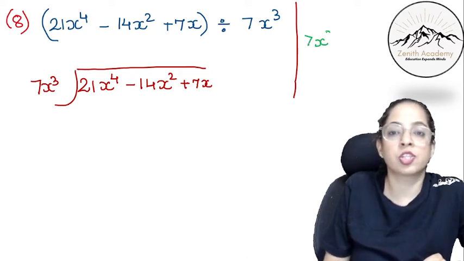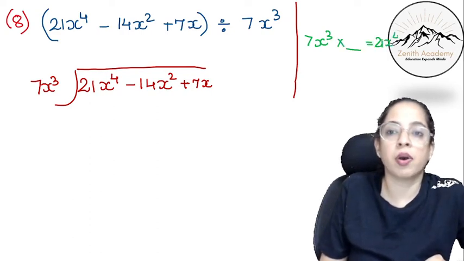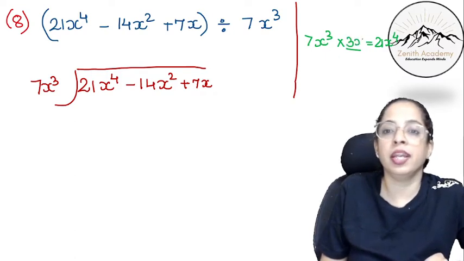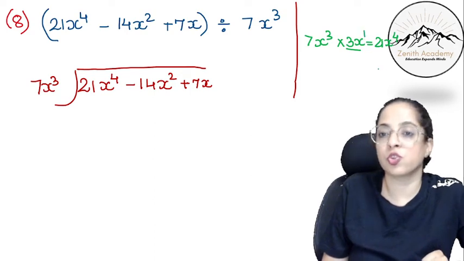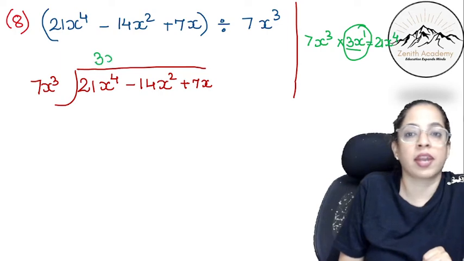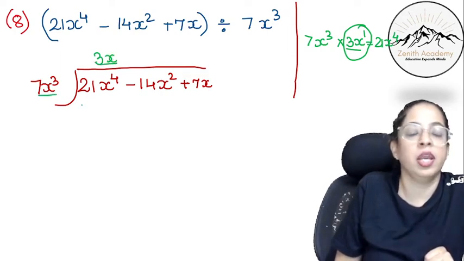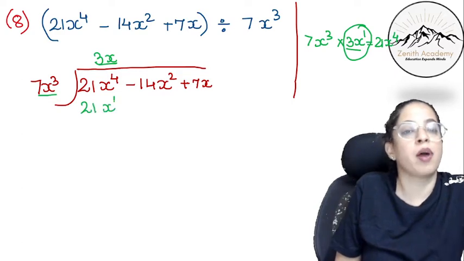So 7x cube into what will give you 21x raised to power 4? See, 7 3s are 21. So 3 here. X raised to power 3 into x raised to power 1 will give you x raised to power 4, right? So you got 3x. So here I will write 3x. So 7x cube into 3x will give me 21x raised to power 4.